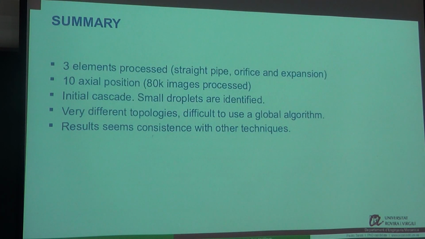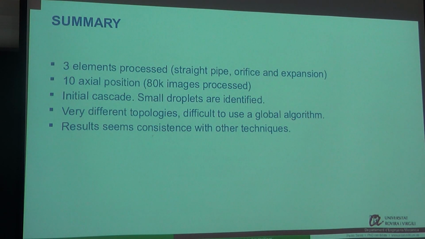So, as a summary, 3 elements were processed during the research stage. In total, 10 axial positions with almost 80,000 images were processed. The initial cascade was there, so this says that the small droplets are identified. There are very different topologies, and this makes it very difficult to use a global algorithm with the same parameters.